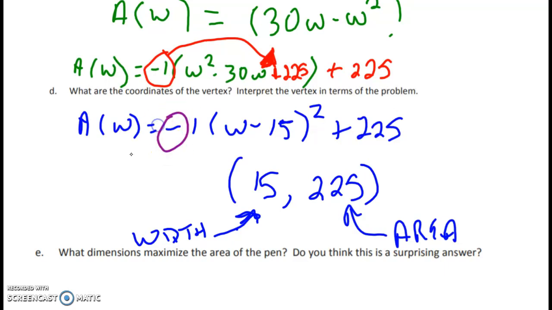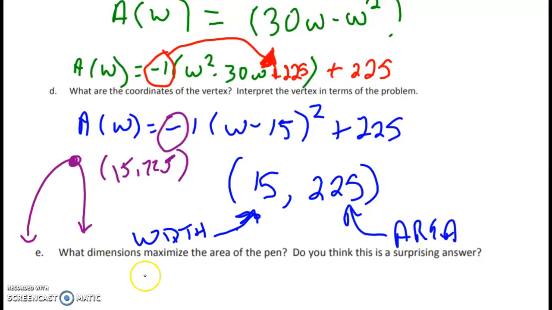This negative will determine which way it opens. So because it's negative, it's going to open down, which means the vertex up here, that 15, 225 point, is my maximum. It's the highest point on the graph.